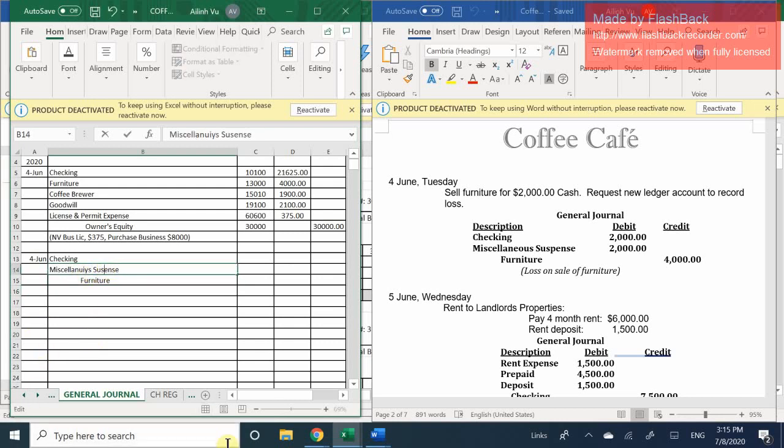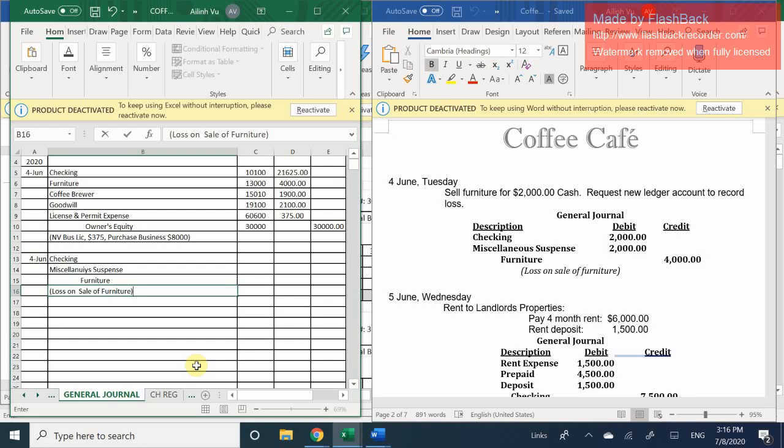That's okay. Suspense. There you go. So like I said, it's in the air. I don't know what to do with this, so I'm just gonna put it in a random account. And I need to indicate that this was a loss on sale of furniture, because I sold my furniture. I don't need that furniture anymore.